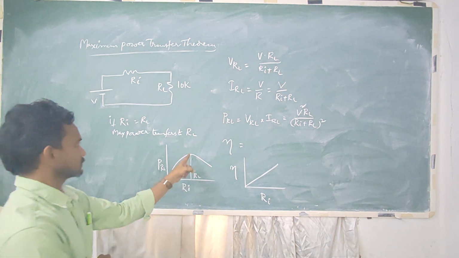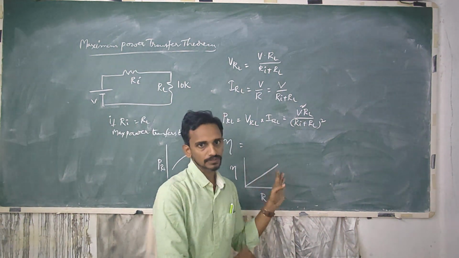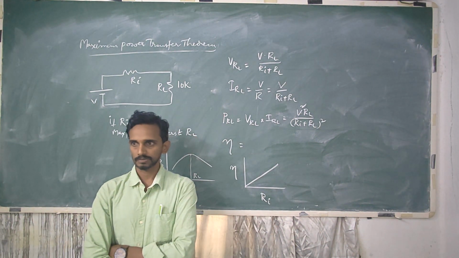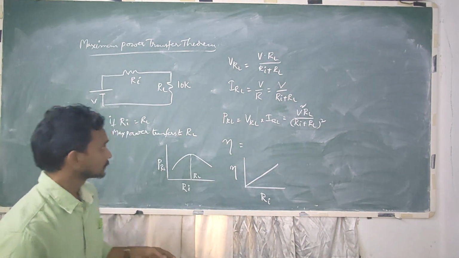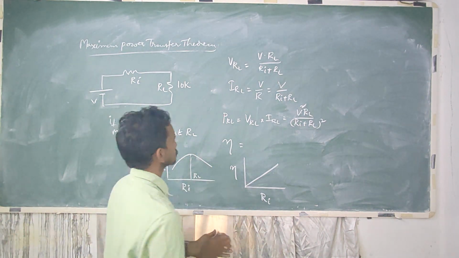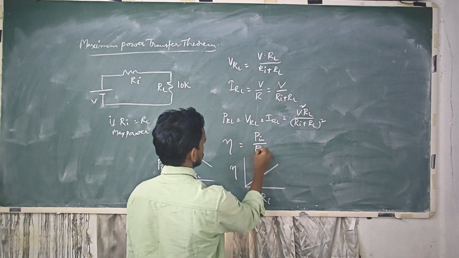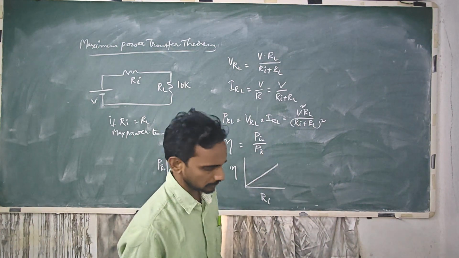So whatever maximum power point is not the best efficient point. That can be verified in this experiment. Okay, we'll calculate that efficiency also. Efficiency is what? P in by PRL. Sorry, PRL by P in.